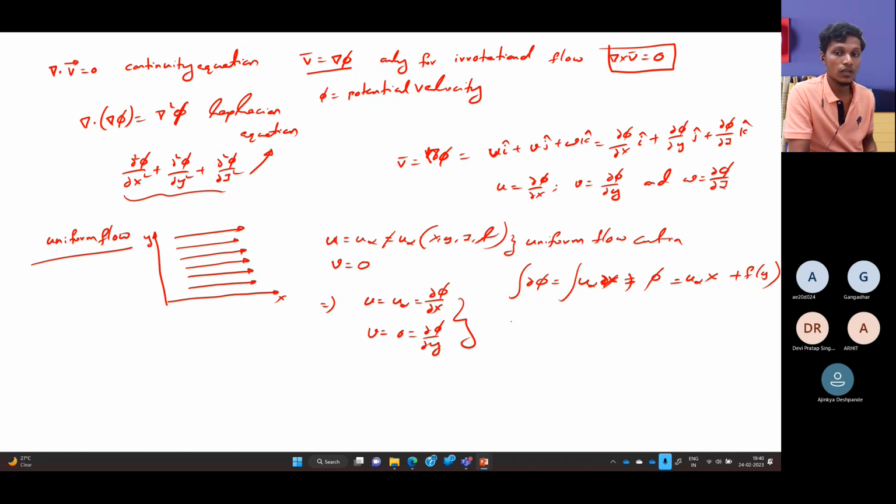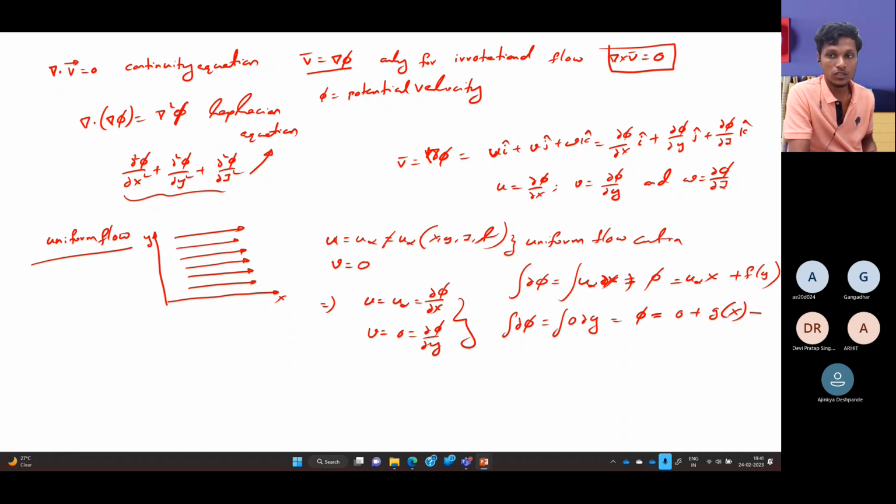In the same way, if you integrate ∂φ equals 0 ∂y, you will get phi equals 0 plus a function of x, because the logic is the same. Again, you are doing the partial integration with y, so there should be some function of x, that is g of x.